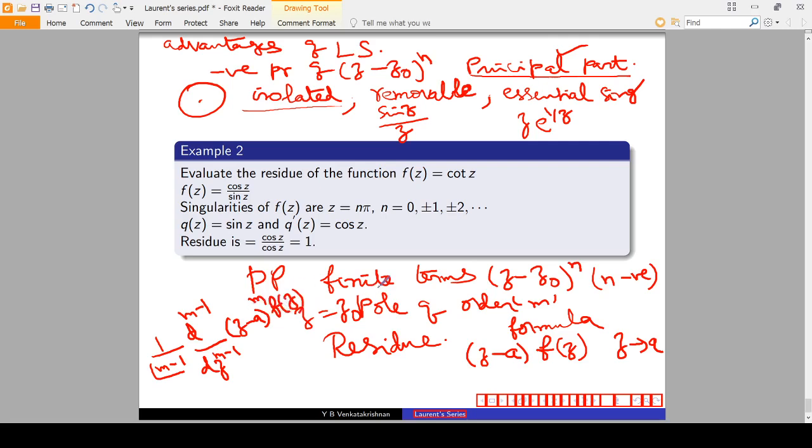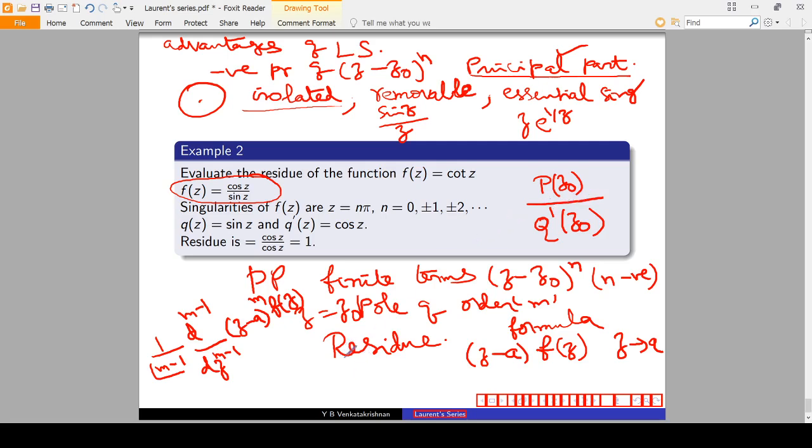And if you can rewrite the given function as a rational function f of z equal to p of z by q of z, then the formula will be p of z naught divided by q dash of z naught, and q dash of z naught should be non-zero.